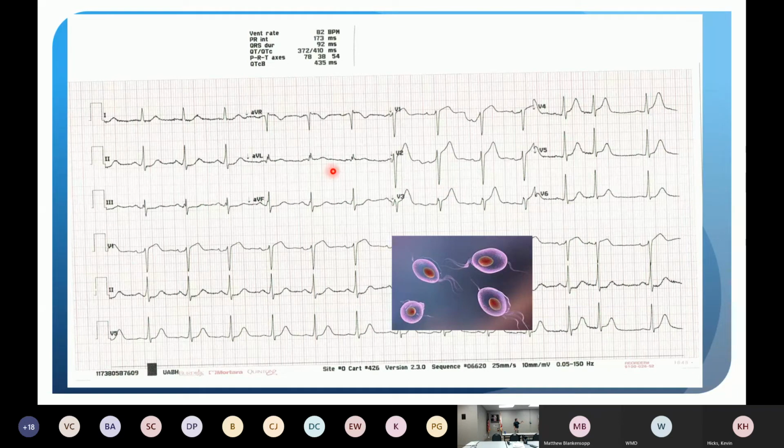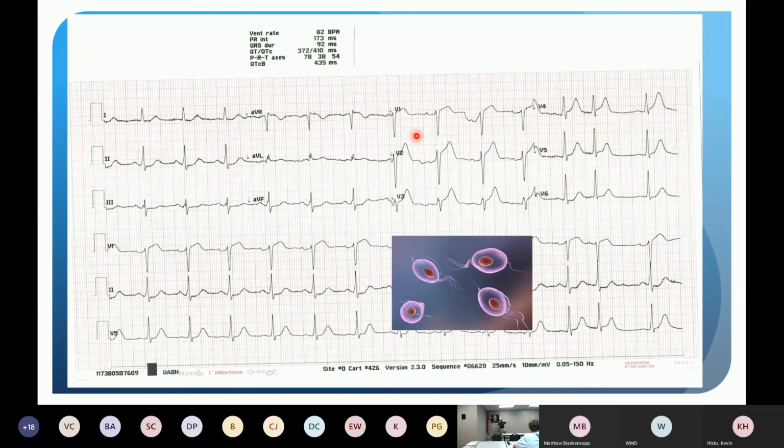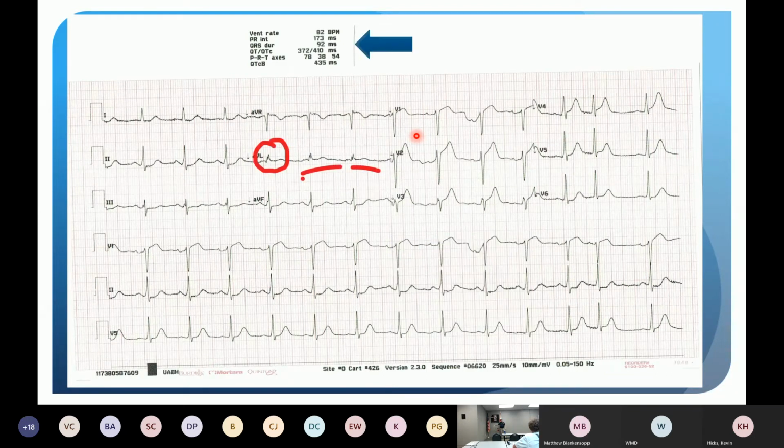I have downward deflection in V1, but I don't have a wide QRS. So it's really not a left bundle. Therefore, this is a STEMI. That patient needs to go to the cath lab. So remember, to have a left bundle, you have to have a wide QRS, defined as a QRS greater than 120. Don't get burned, because that machine sometimes has trouble picking up V1 through V4 and recognizing STEMIs.